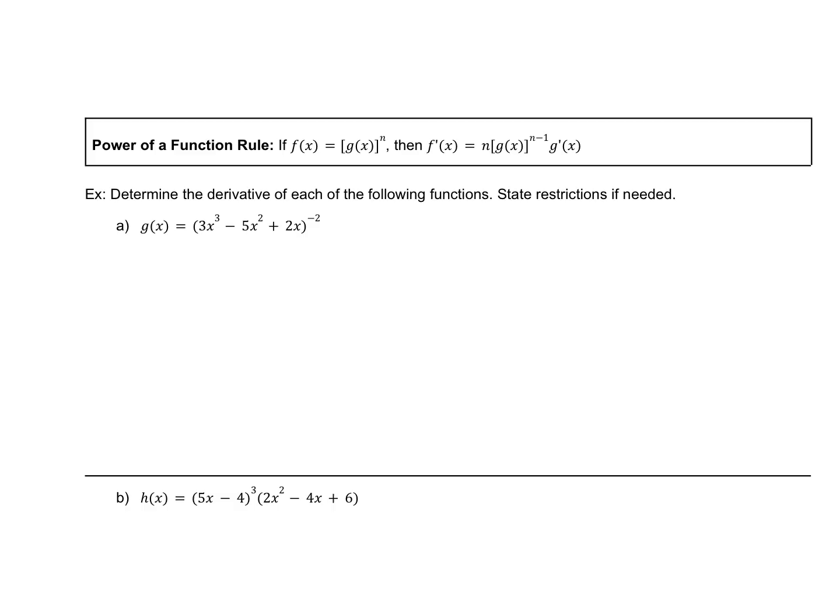So you could have a square root, or you could have a negative exponent, so it's rational. But this is kind of getting us ready for chain rule, where we could have other types of functions like exponential or sinusoidal once we actually know how to find those derivatives. But for now, this is the power of a function rule.